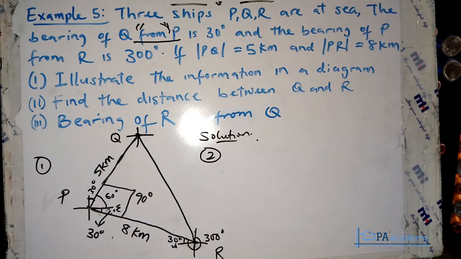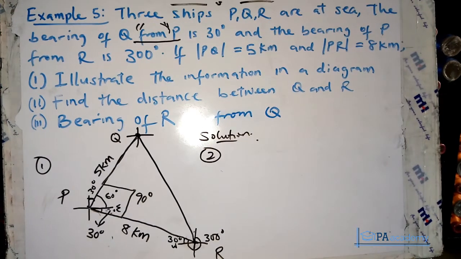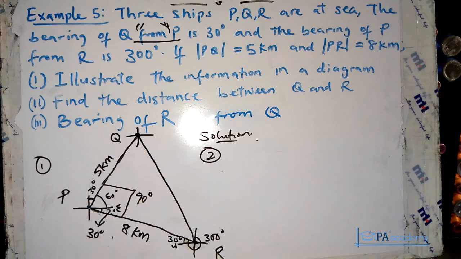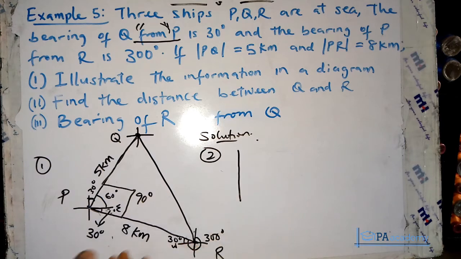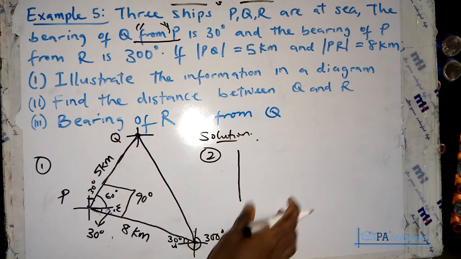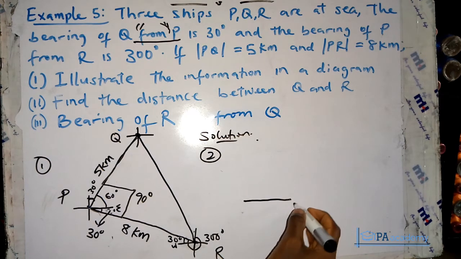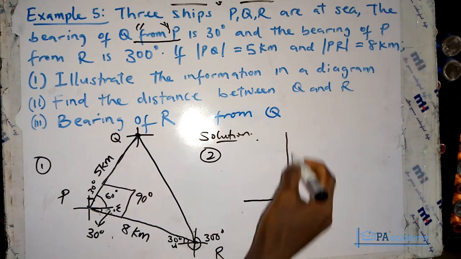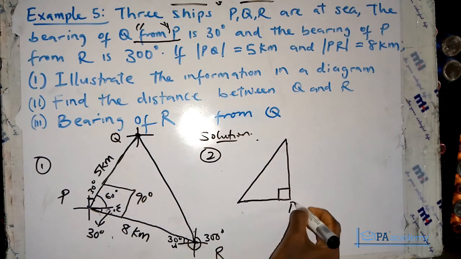The reason why we are doing all this is we are trying to solve the second part, which is to find the distance between Q and R. Now that we know that this entire triangle is a right angle triangle, and we know this is 5 kilometer and this is 8 kilometer, I'm just drawing it again.